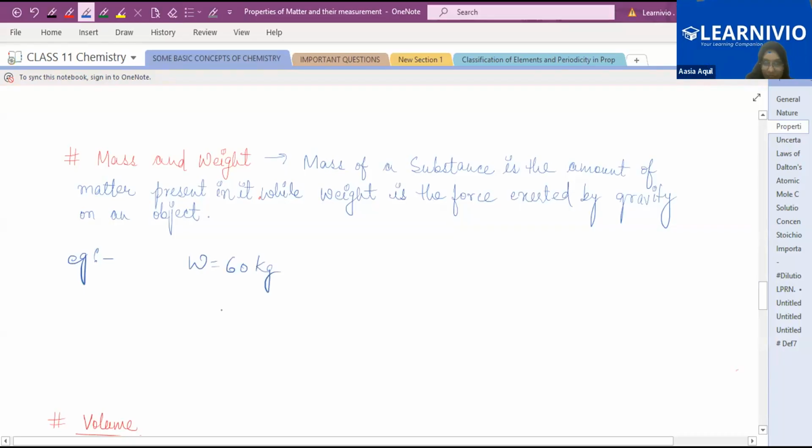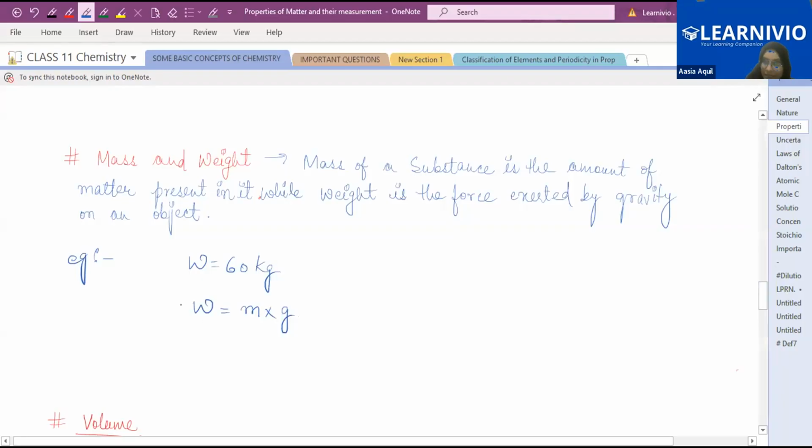Basically, the weight formula is mass into gravity. You have learned this in physics. Weight is nothing but a force exerted by gravity.